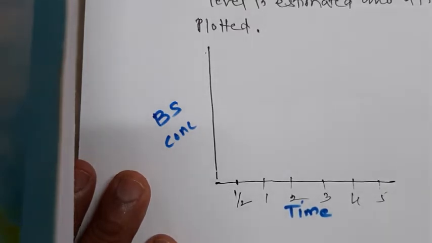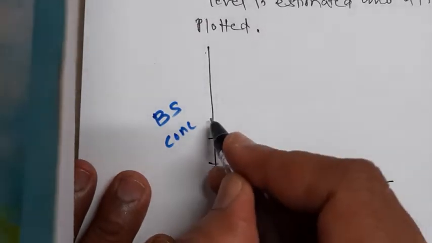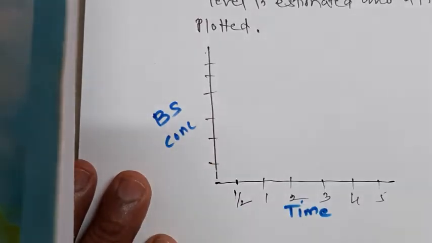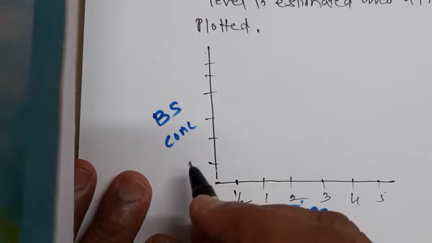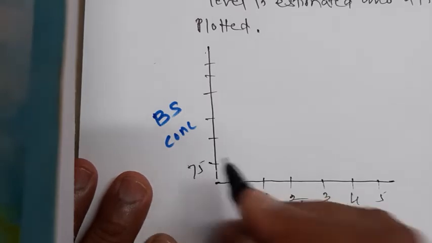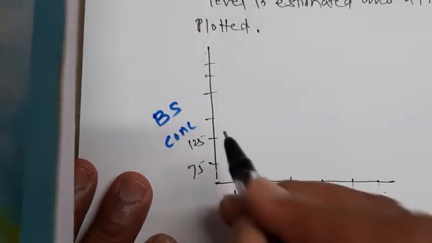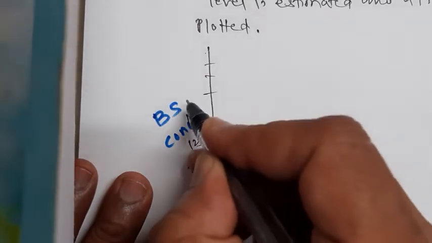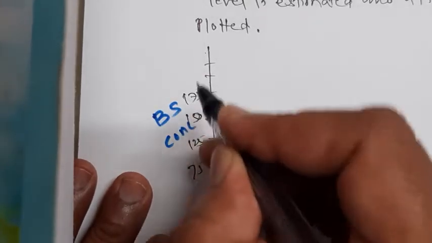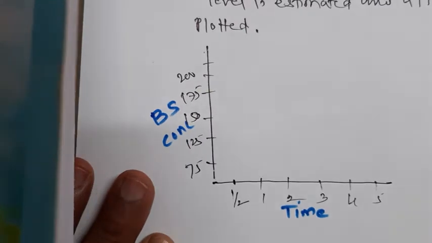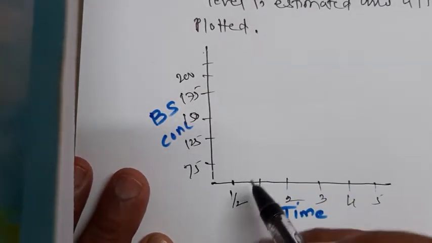And here you have to plot the concentration of sugar level. So the initial concentration, suppose 75, then 125, 150, and then 175, 200. So this is how you get a curve.